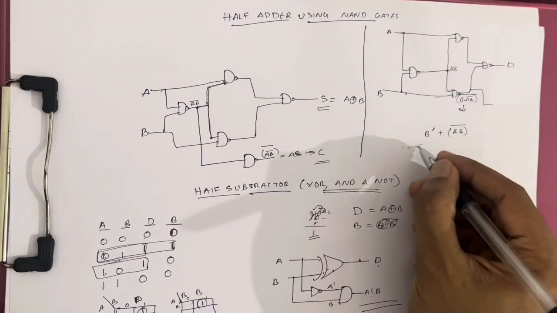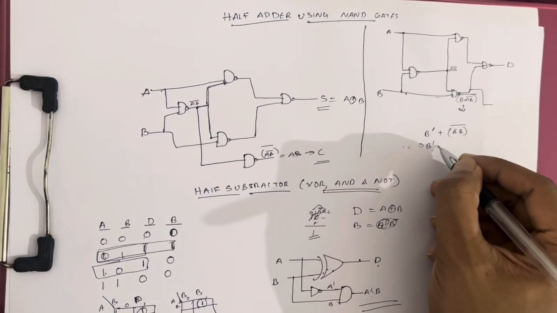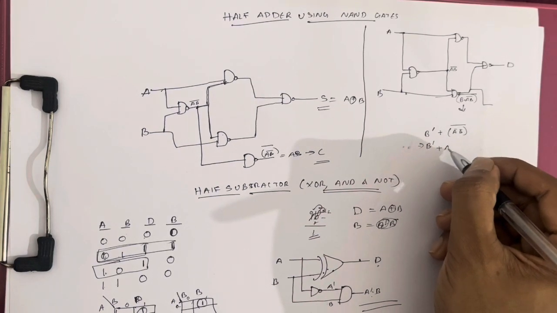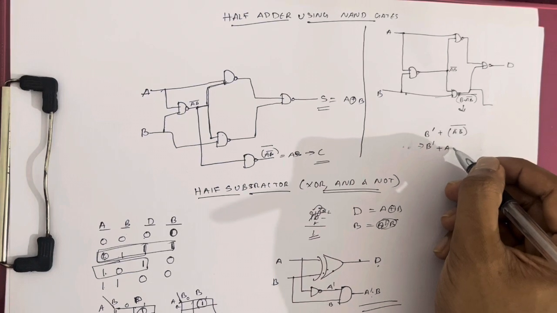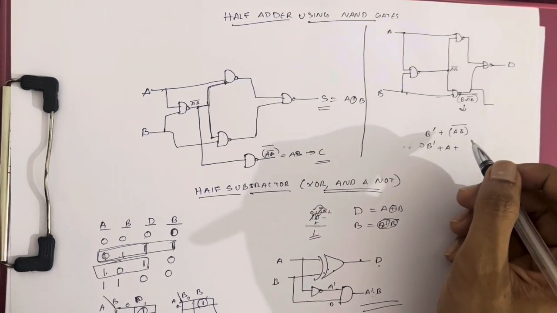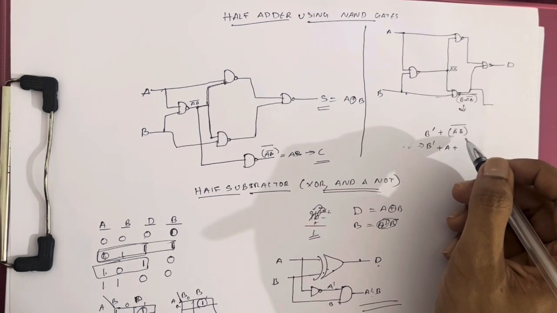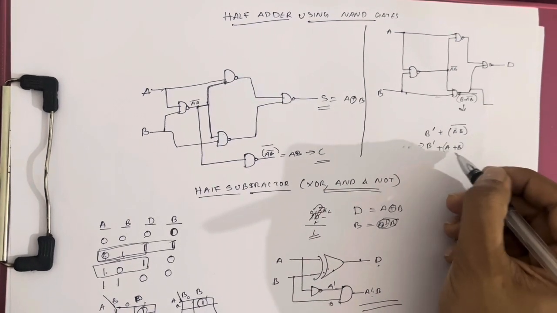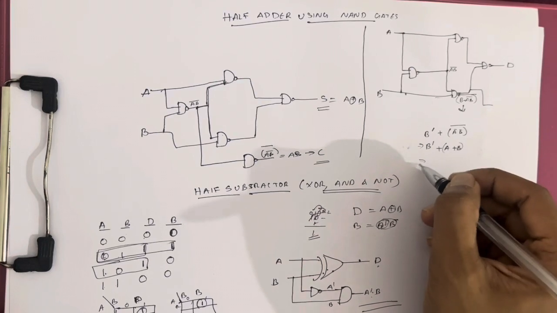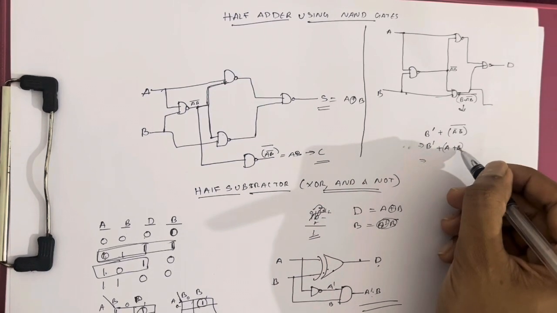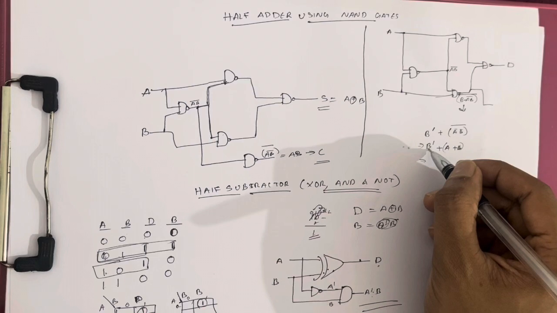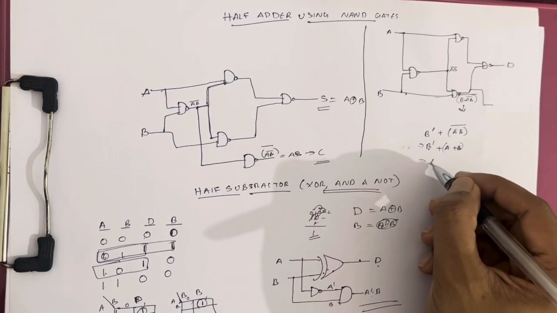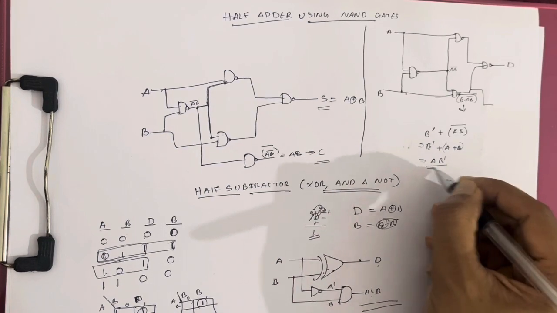How this works: B complement, plus A complement, A plus B, and B complement, or B times 1 is 0, right? Which means AB whole complement.